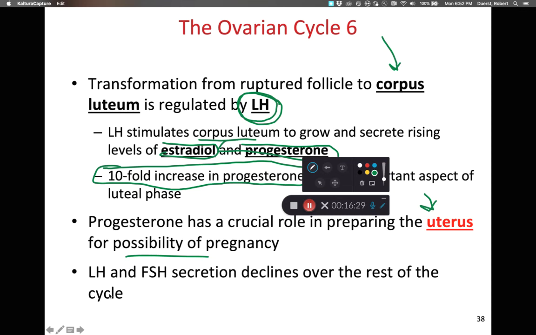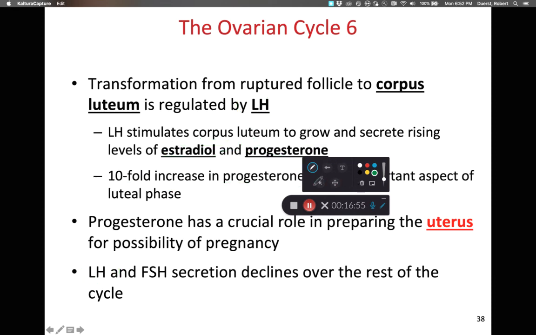As we go through the remaining 14 days of the ovarian cycle, luteinizing hormone and follicle stimulating hormone are both going to reduce in concentration over this period of time. And as we have less and less luteinizing hormone, the corpus luteum is going to start to shrink and involute and become smaller.